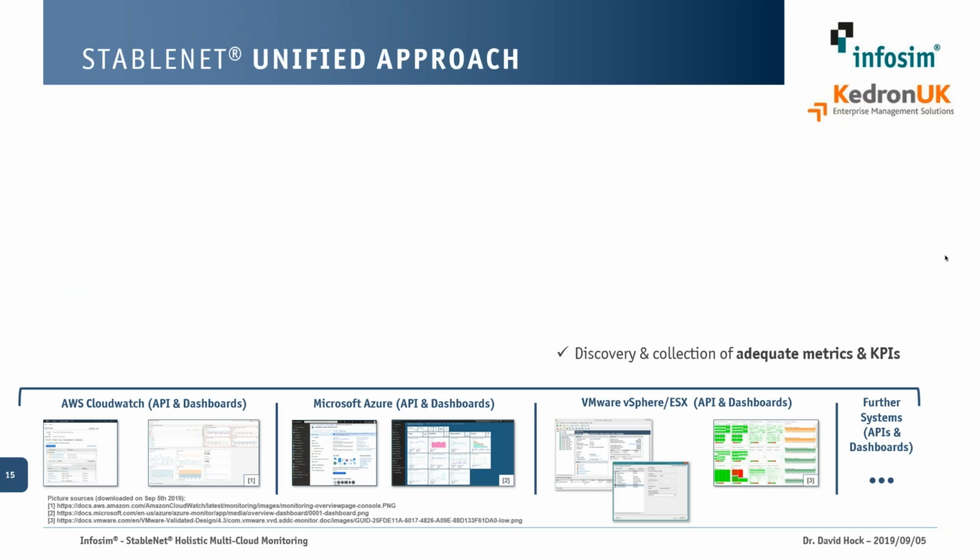Here underneath, I have three examples for different clouds, public and private approaches. We have the AWS cloud with CloudWatch offering an API and dashboards. In the left screenshot, you see the window of AWS CloudWatch where you have all the credentials. It's not important to read something there, but it's a window where you can get your individual keys, basically like a username, that you can use later on in StableNet to discover that cloud.